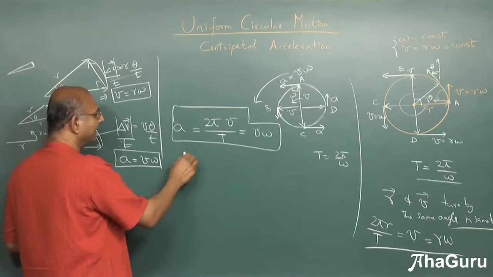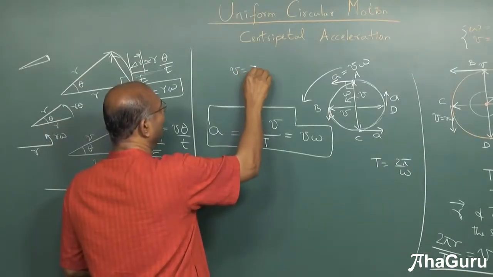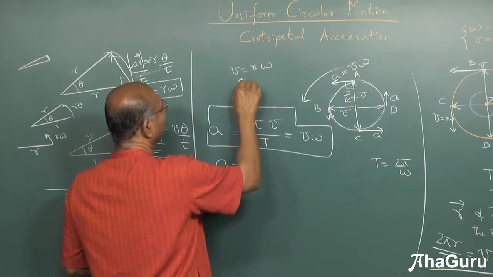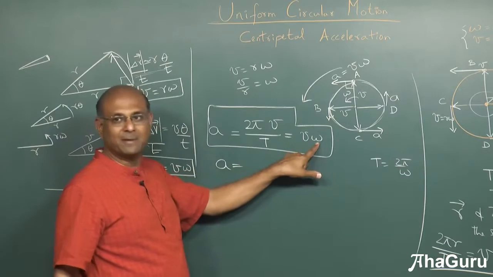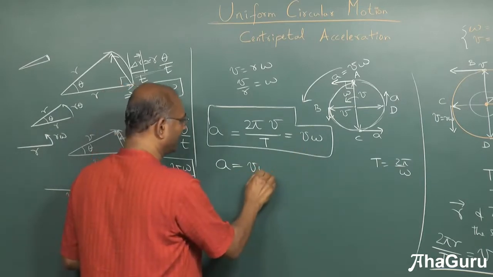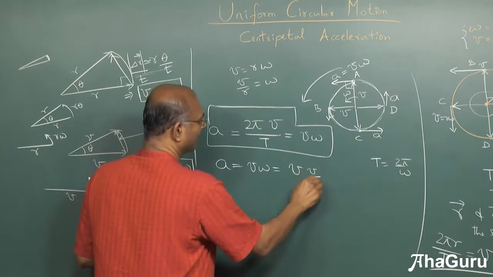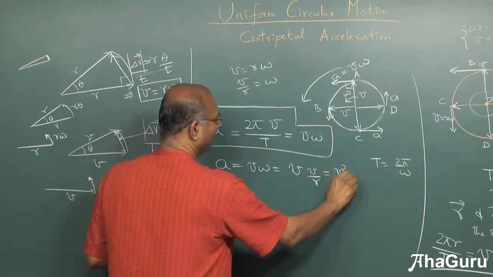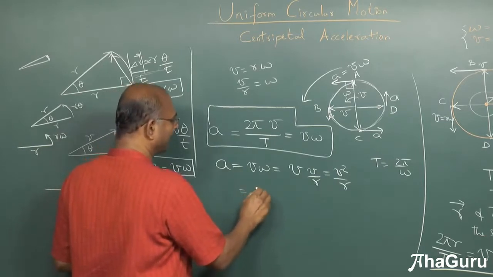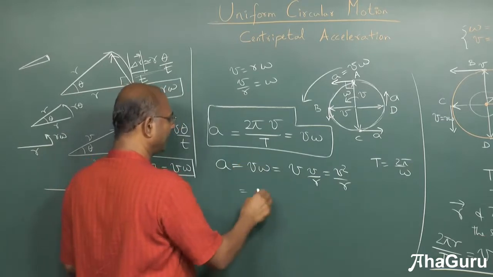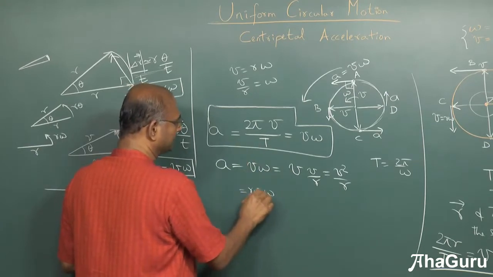Okay. We can do some more formulas with this. You know that V equals R omega, which means V by R is omega. So I can replace omega by V by R. So I can write A equals V omega, V into V by R, which makes it V square by R. Okay. But we can also start with omega, keep it as it is, and write V as R omega.